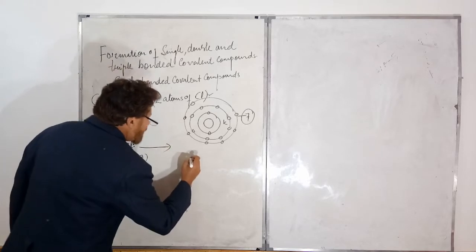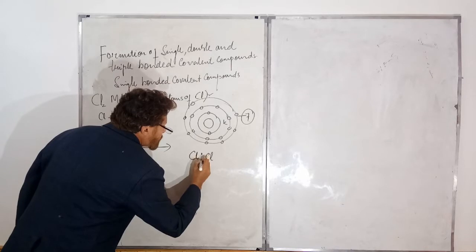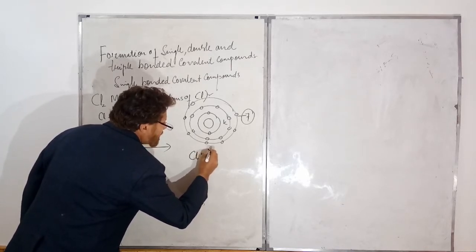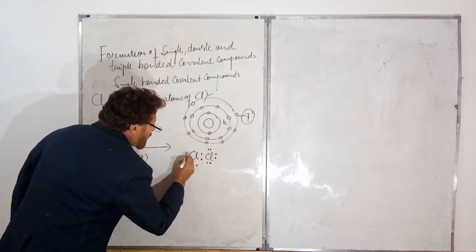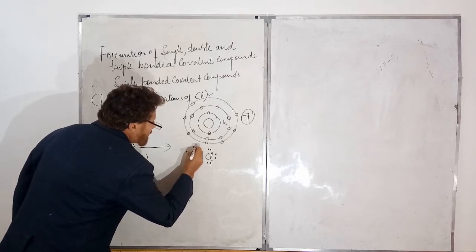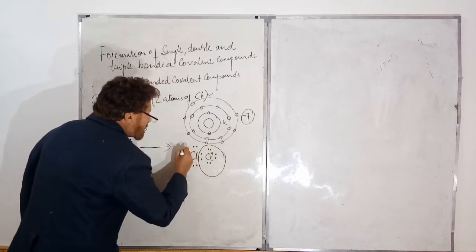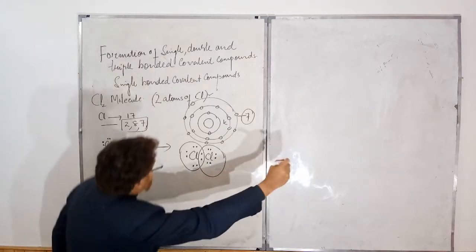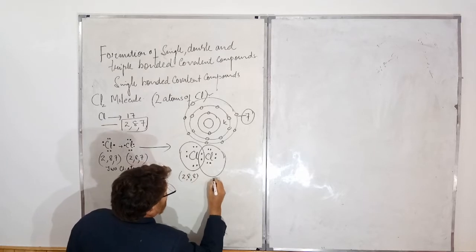Now see here, it is Cl here, Cl, each showing 8 electrons in the outer shell. Now it became 2, 8, 8.